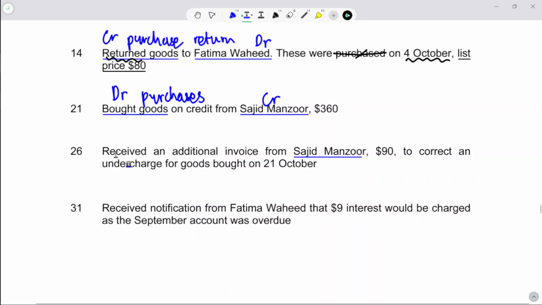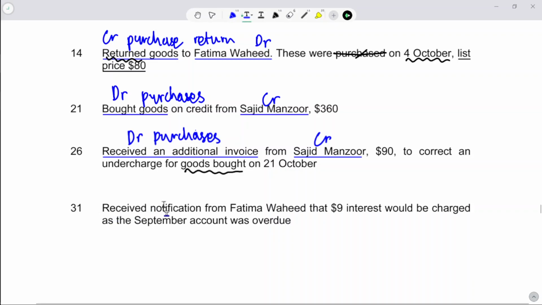Actually additional invoice is considered purchase. You see here, receive an additional invoice. This is related to goods, right? So this one is actually purchases. So we debit, this one credit.